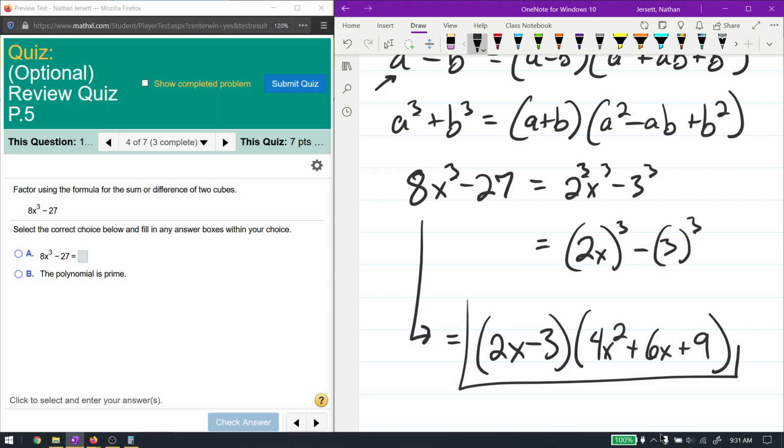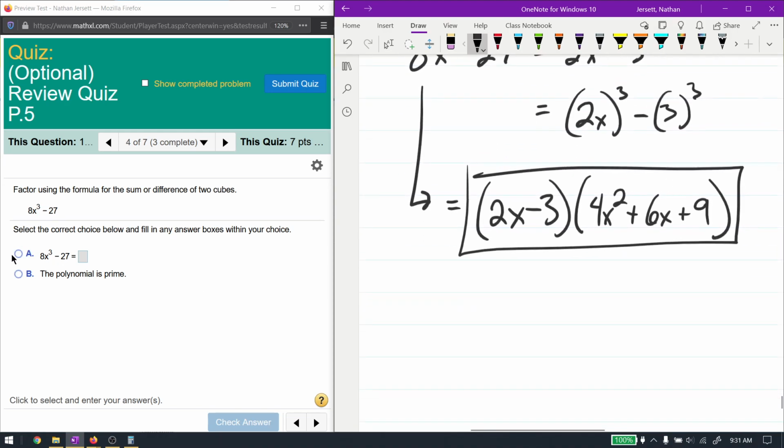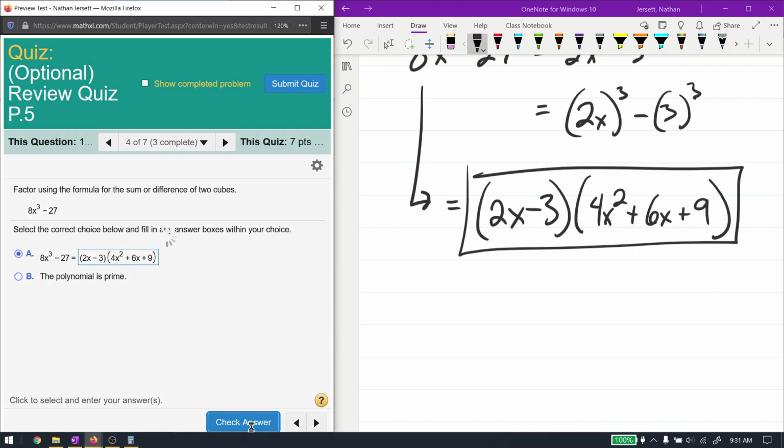And that is our factored form of this expression. Get it plugged in and see if it's correct. 2x minus 3, 4x squared plus 6x plus 9. Very good.